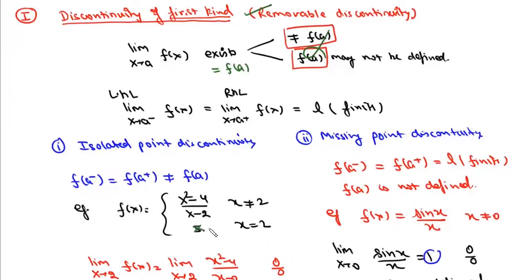So if we define this function such that when x is 2, value of this function is 4, in that case this function will become continuous. So what we have actually done is, we are taking this point and we are putting it back in this place to make this function continuous.